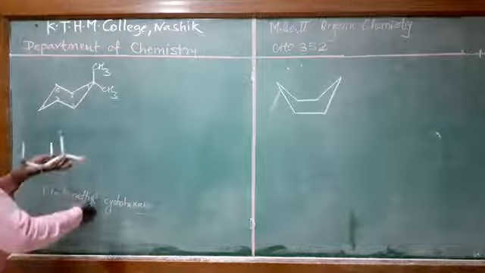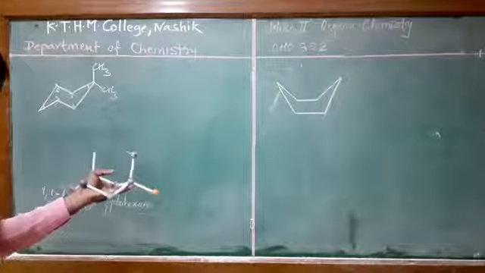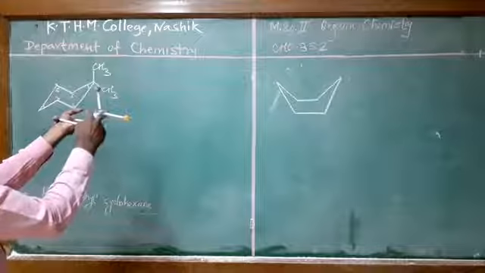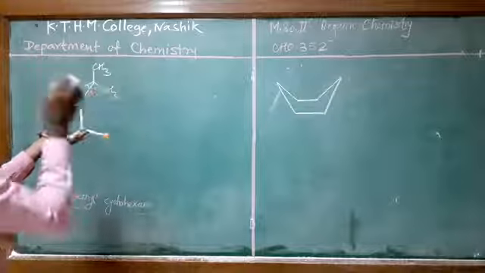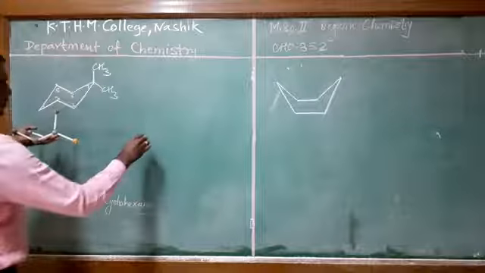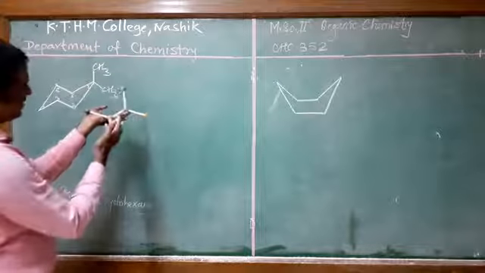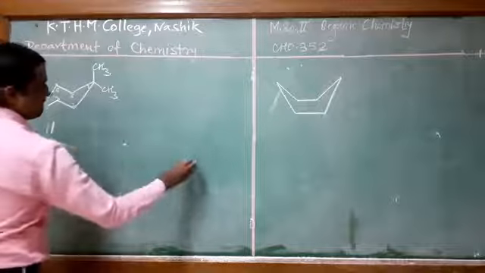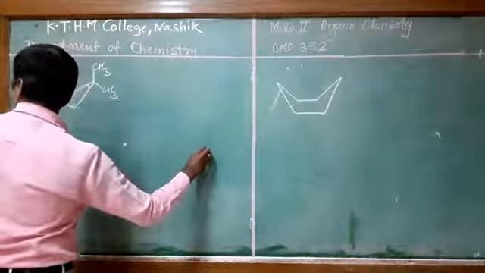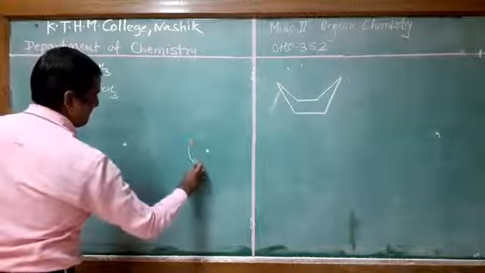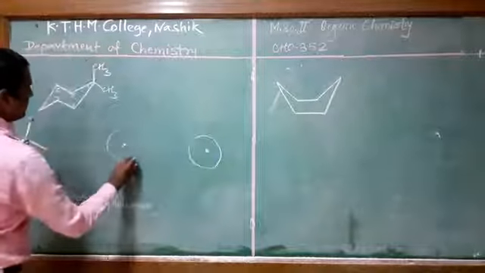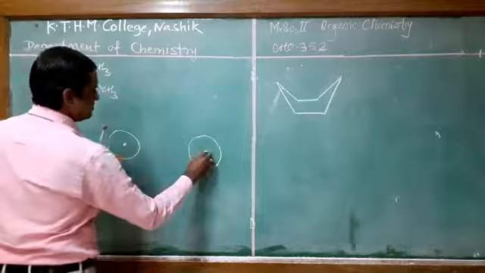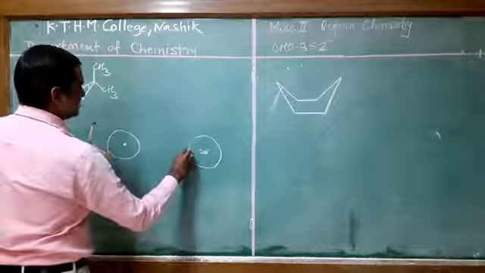So the molecule is observed like this. In the chair conformation, carbon number 1 has two substituents, axial and equatorial. So in the Newman's projection, again we consider carbon numbers 2, 3 and 4 as different carbon atoms, and the backside carbon as a whole circle around this. This is carbon number 2, the backside carbon is carbon number 1.